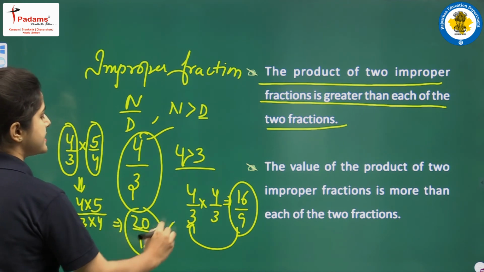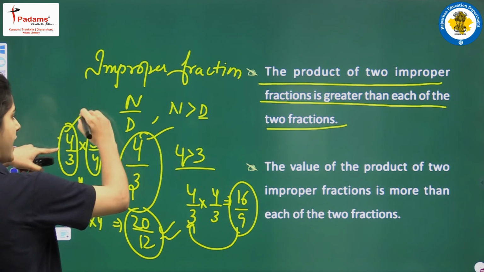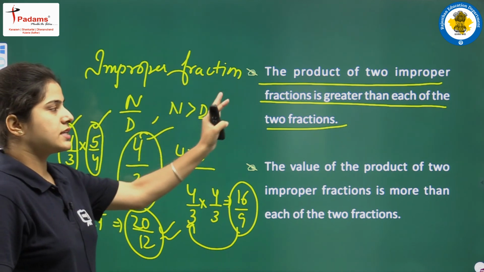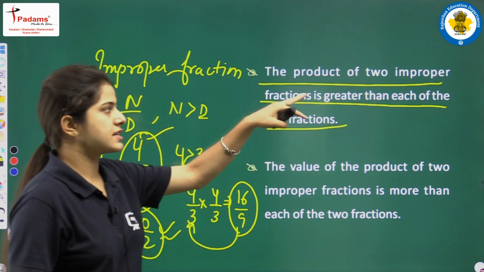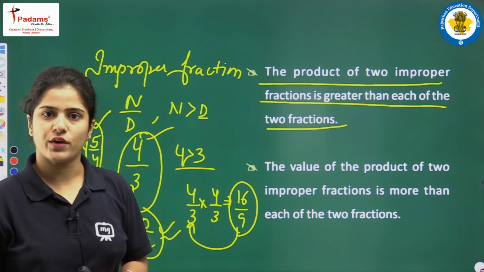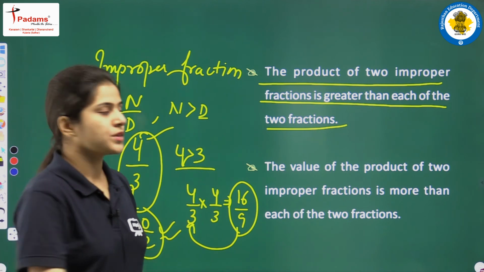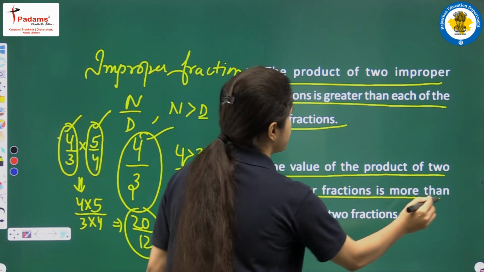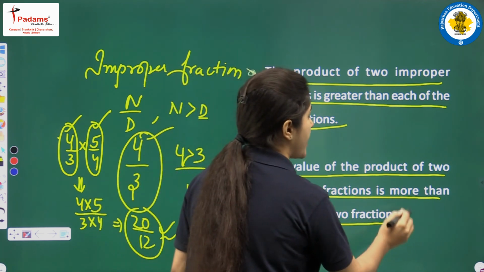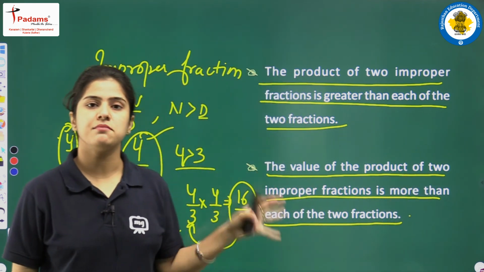Clearly, this is greater than each of the two fractions as well. So the product of two improper fractions is greater than each of the two fractions. The same case here.